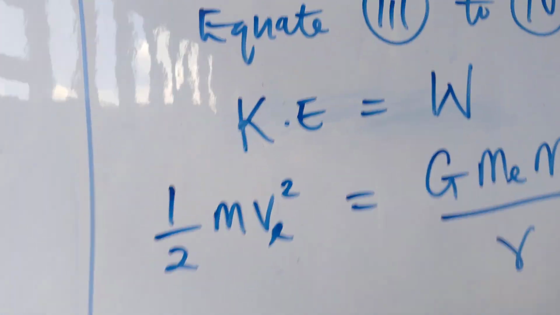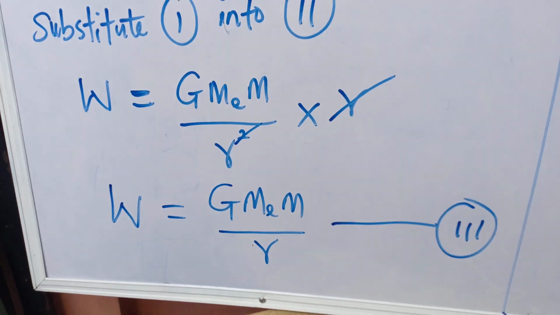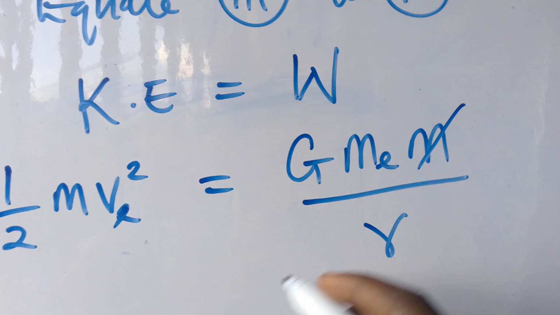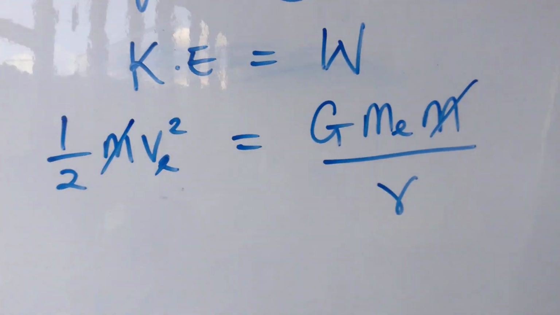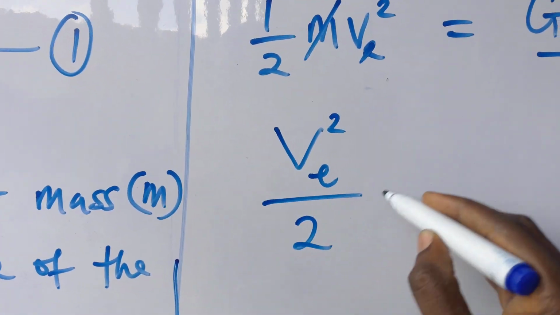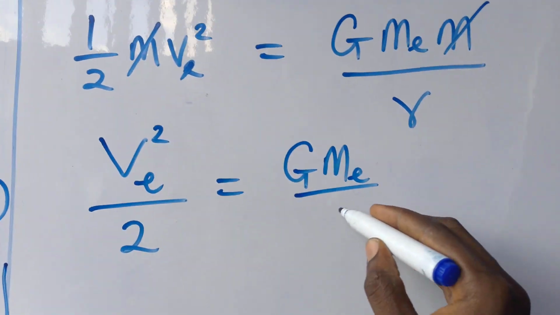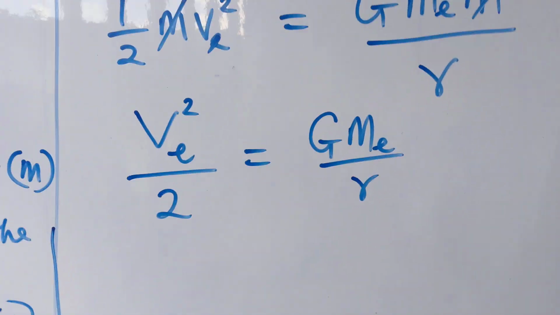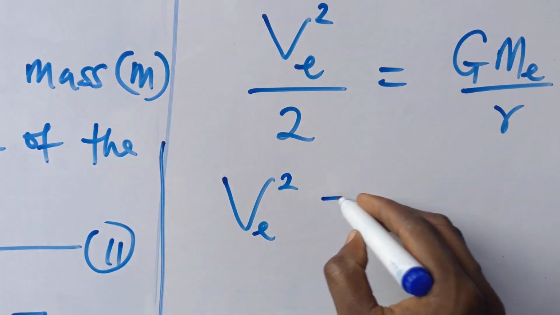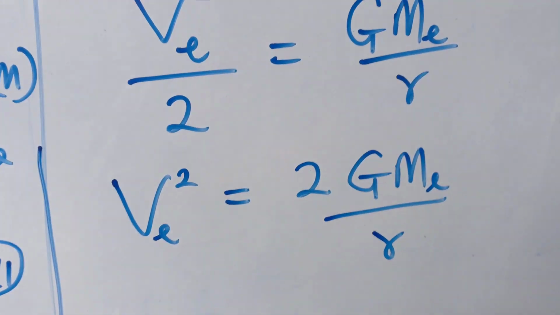Okay, so I equate equation 4 to equation 3. Equation 3 is this. Okay, so I equate the two of them, and you see that m will cancel out m. Alright, so I'll be having ve square over 2 is equal to G me over r. Okay, so I'll cross multiply, and I'll have that ve square will be equal to 2 G me over r.